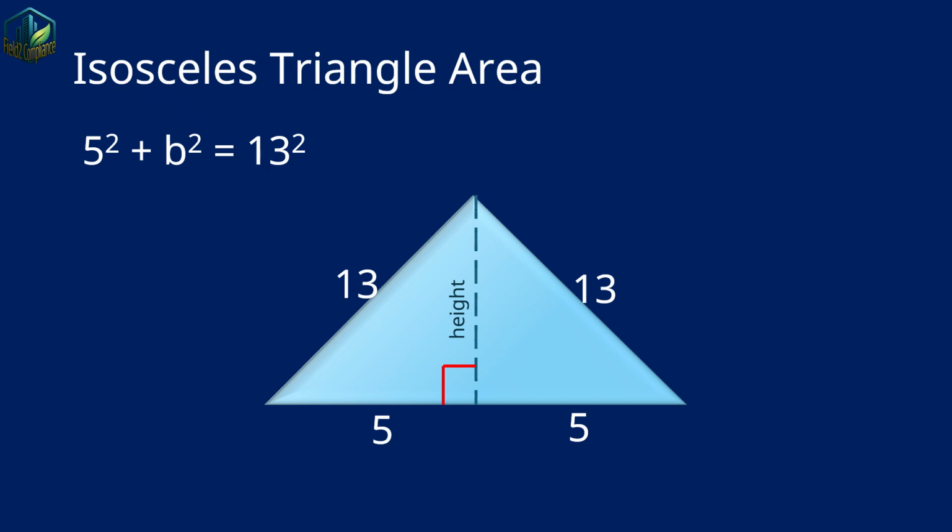5 squared is 25. Then you have 13 squared, which is 169. Isolate your unknown. To isolate b, we subtract 5 squared, which is 25, from both sides. We now have b squared equals 169 minus 25, which gives you 144.